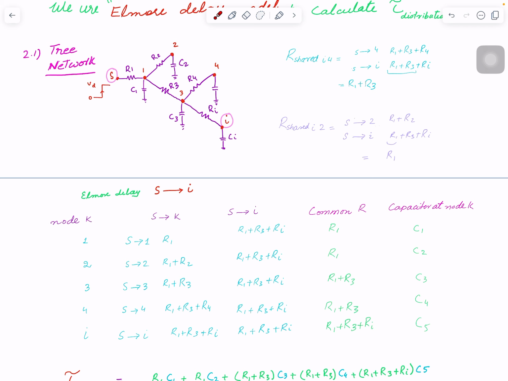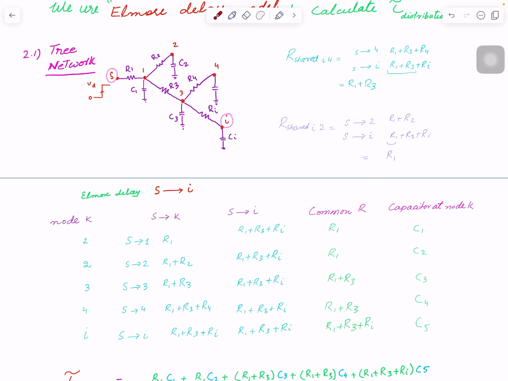You go from source to node 1 and look at what resistances you have. Then you go from S to i, and look at what resistance you have. You find the common ones between these paths, and you add the common ones. The capacitance is simple: whatever capacitance to ground is connected, you consider that.